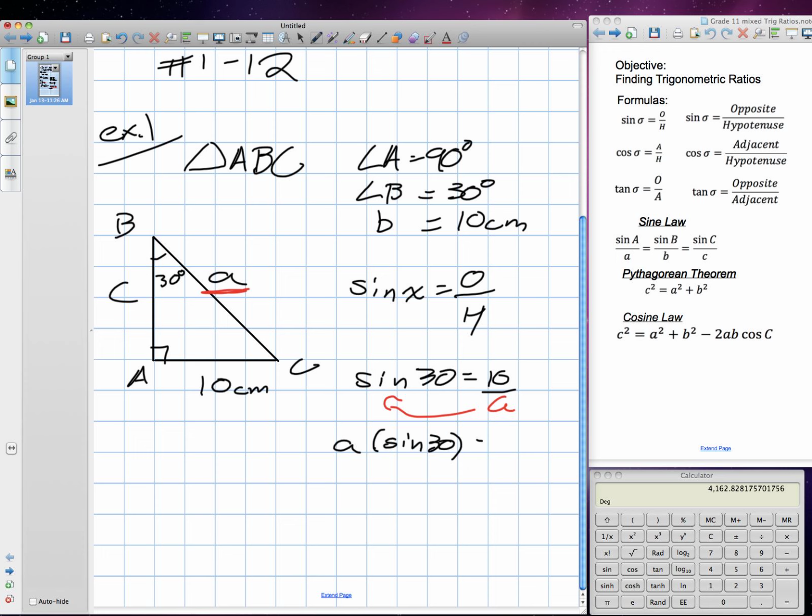is equal to 10. And then to get A by itself, I would divide both sides of the equation by sine 30. Okay. If you can go right from the first step to this next step, A is equal to 10 divided by sine 30, that's fine. If you can do parts of that in your head. Okay.